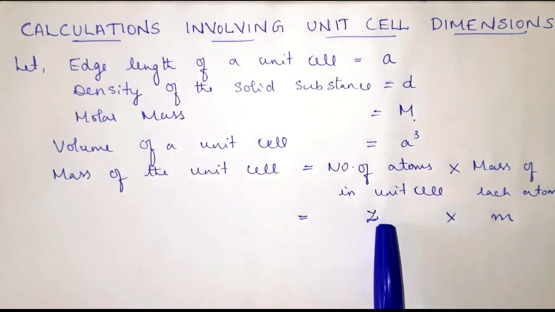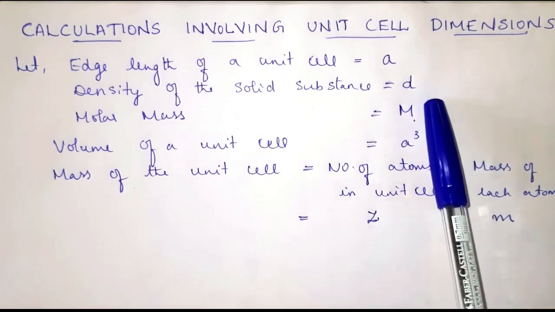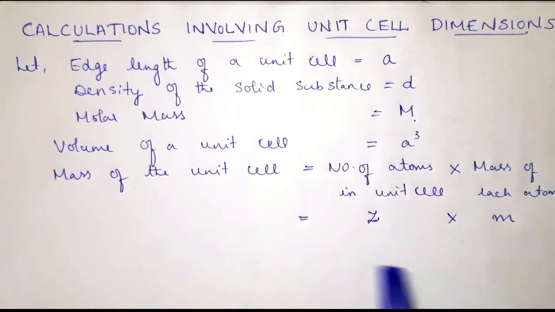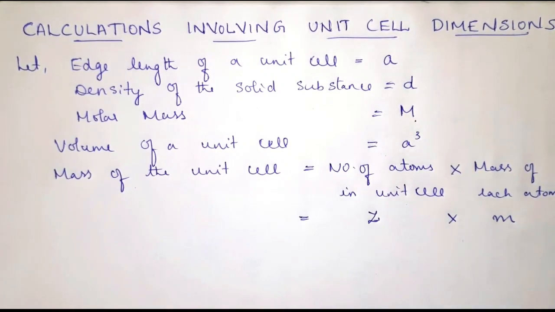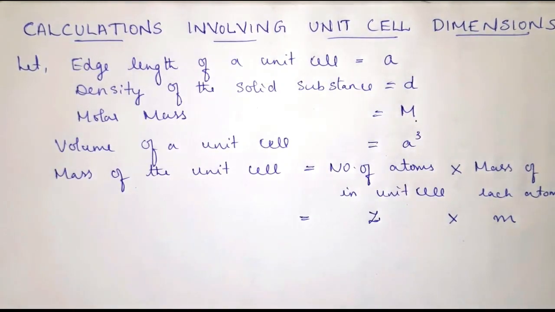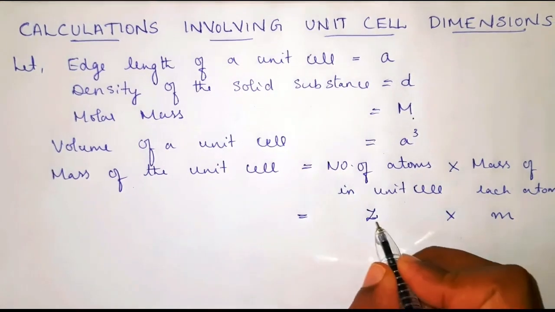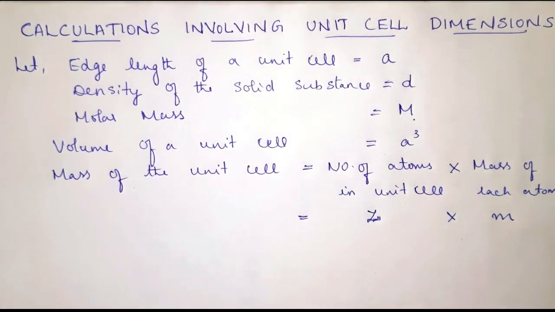So this is Z, this is small m, this is capital M. The mass of the unit cell is Z into m, or Zm. Now, how will you find the mass of one atom?